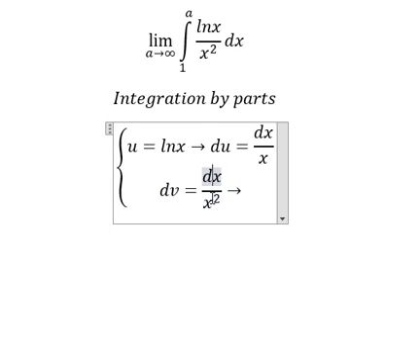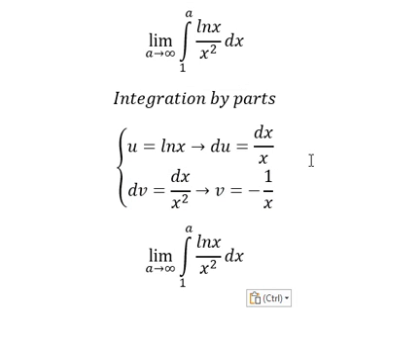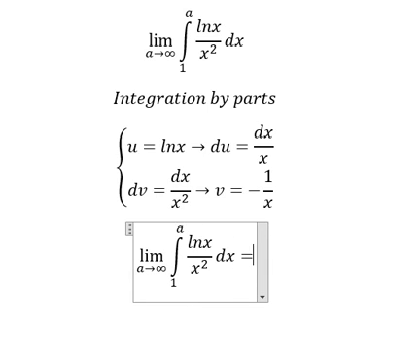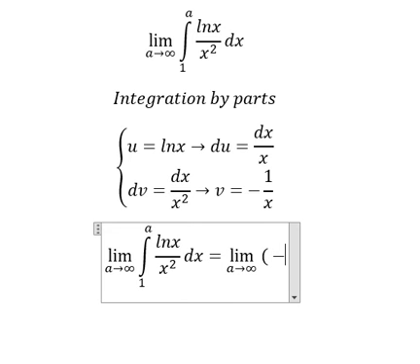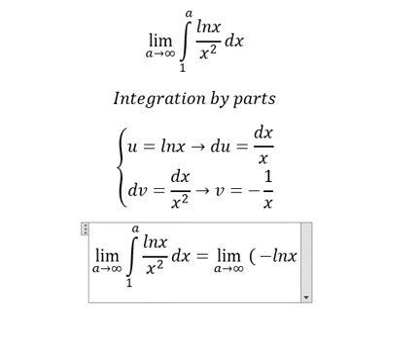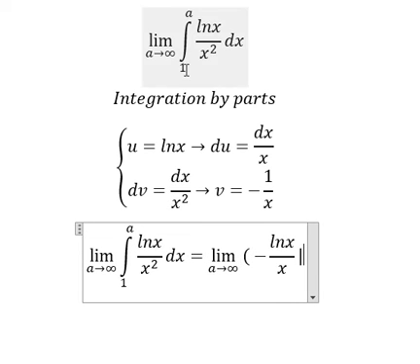So the integration of this one, we have v equals negative 1 over s. So we have u multiplied by v, but we keep the same of this one. So we have negative ln s over s, and I will put the bounds from number 1 to a.